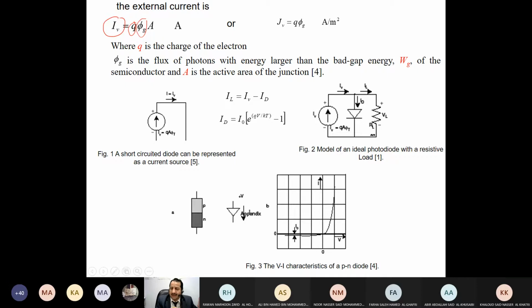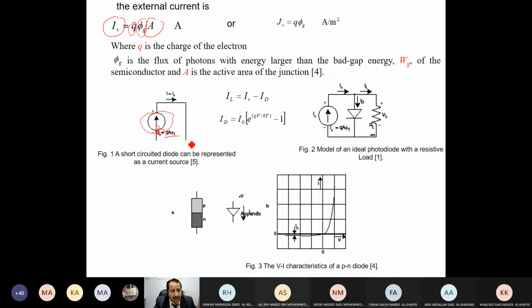And don't forget that we assume that if the photon energy hf is higher than the energy gap, it produces an electron. Otherwise, it will not produce a useful electron going to the conduction band to be used in an electrical current. So here, number of electrons per unit area. I represent it as a current source, because we're talking about current, equal to qAΦ.